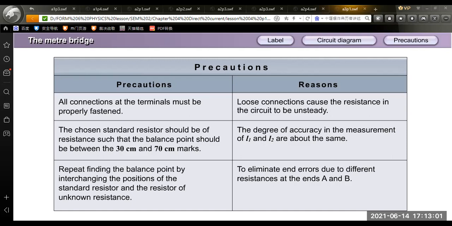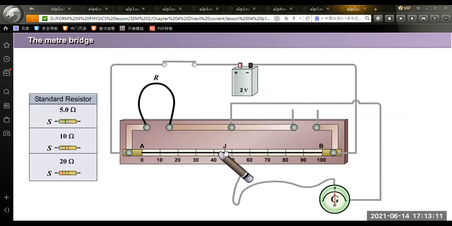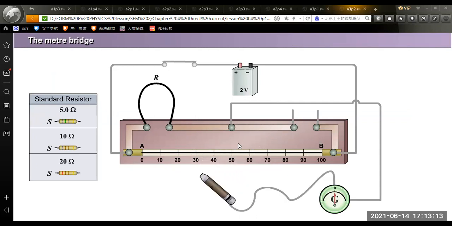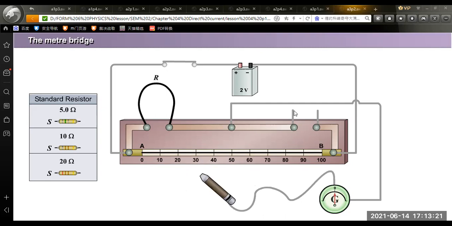Let's observe the next slide. When I connect, I find that the reading cannot be obtained. Reason? Because there is no resistor here.